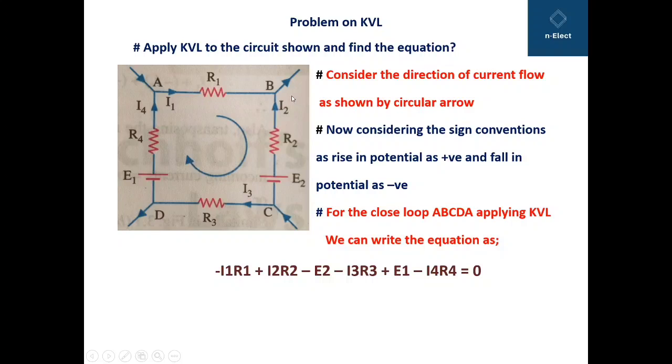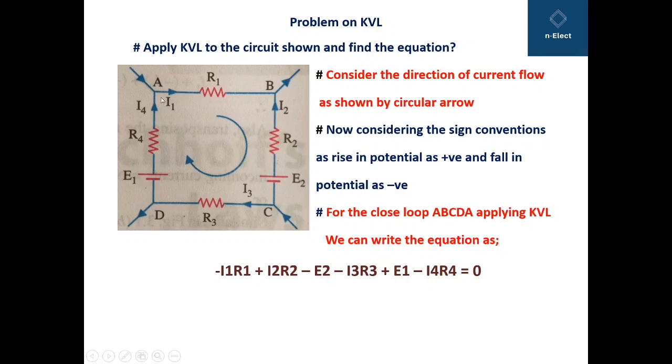So I2 R2 will be positive, plus I2 R2. Then continuing in the same direction to C, we go from the positive plate to the negative plate, which is a fall of voltage, so the EMF is taken as minus E2.